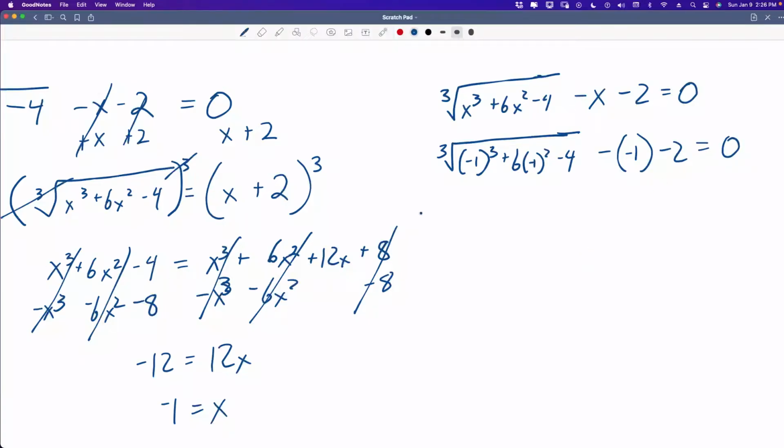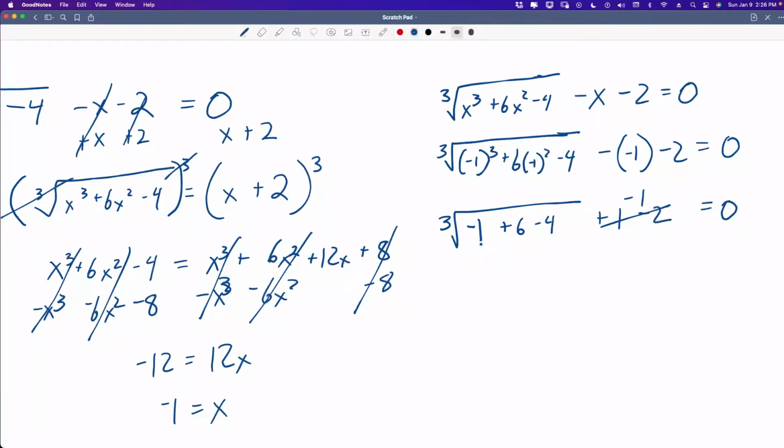Let's see. This is going to be a negative 1, right? This is going to be negative 1 times negative 1 is positive 1, so it's plus 6 minus 4. This is going to be plus 1 minus 2. So that's going to be negative 1 equals 0.